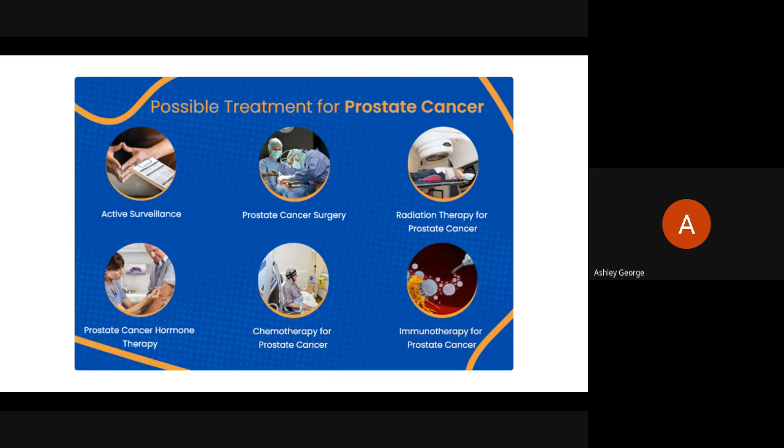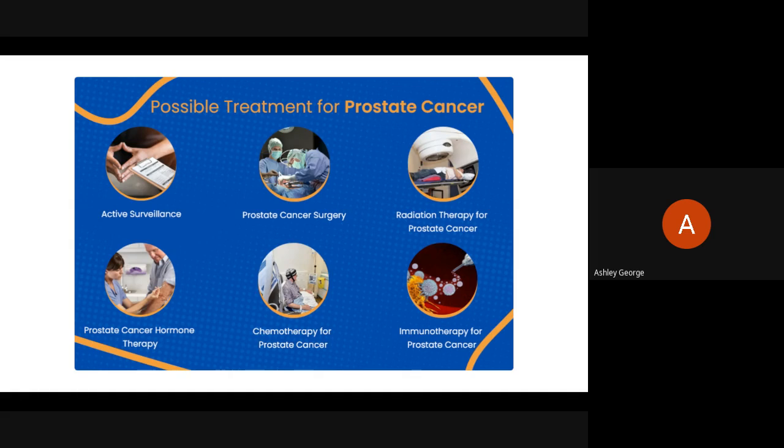So a little bit more about the hormone therapy. The main compound at play is called abiraterone acetate, marketed as Zytiga. It's an oral medication used to treat metastatic castration-resistant prostate cancer, and its mechanism of action involves inhibiting a certain enzyme, CYP17, which is crucial for androgen biosynthesis.